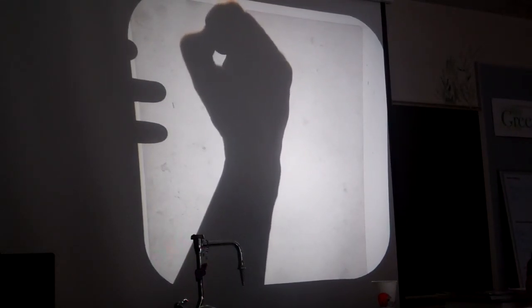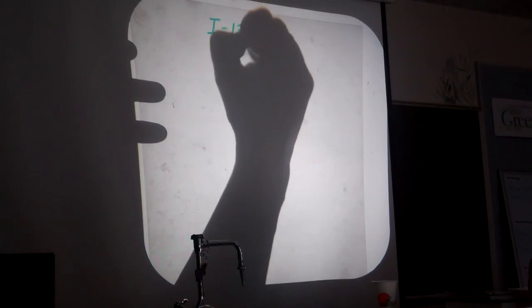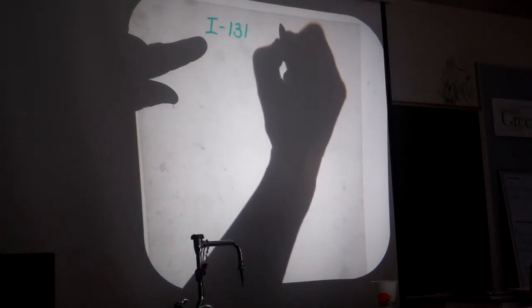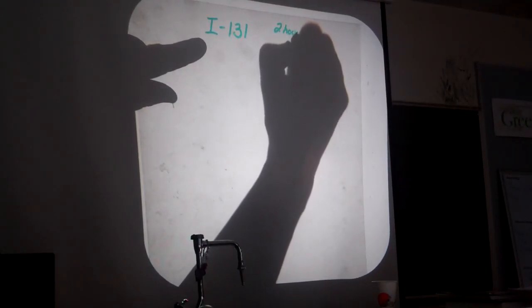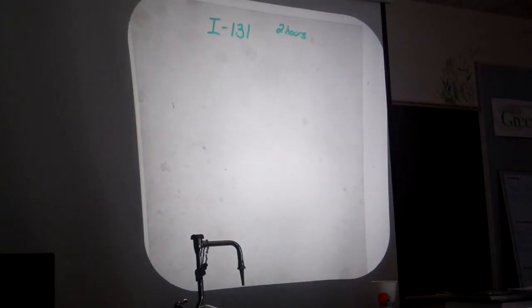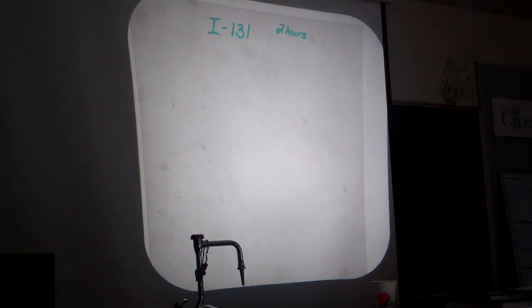What medical doctors do, iodine-131 is another radioactive substance, but its half-life is something like 2 hours, real short. This thing decays fast. They inject iodine-131 near your thyroid gland, on the outside of it, and wait a little bit of time to see if the iodine actually gets absorbed by your thyroid gland, and that would be a good thing. That means your thyroid gland's working.